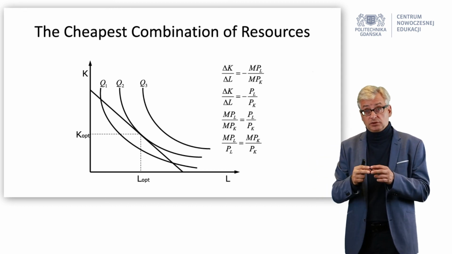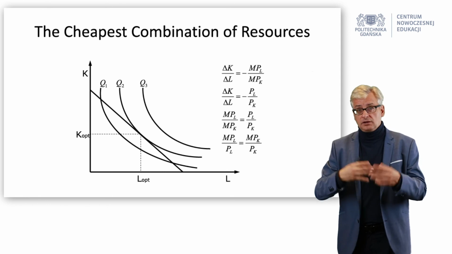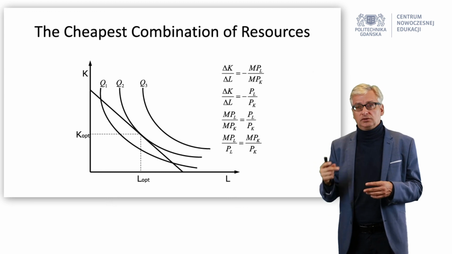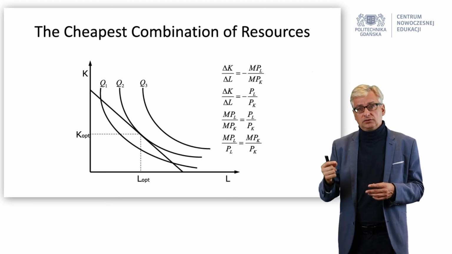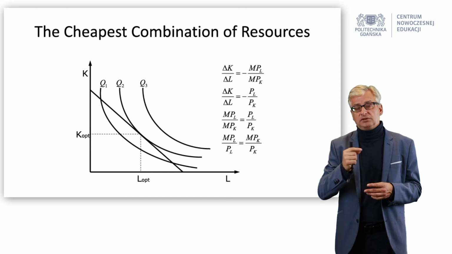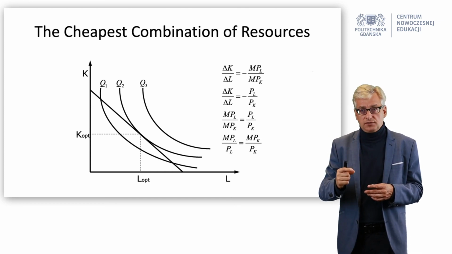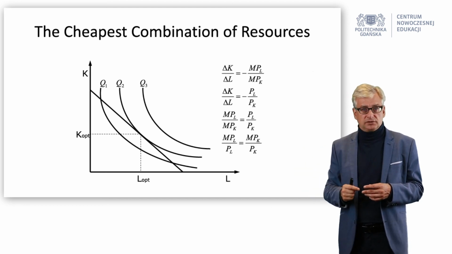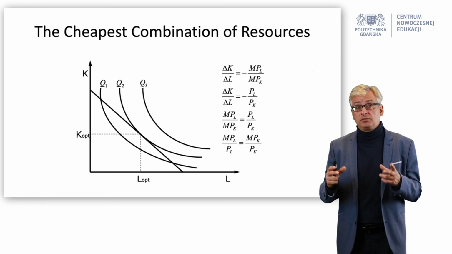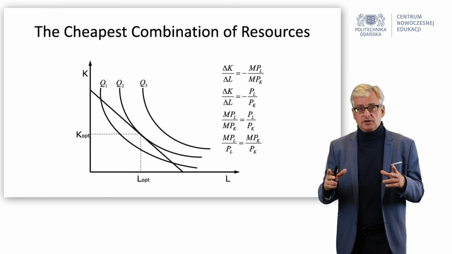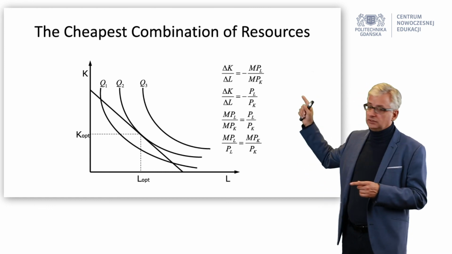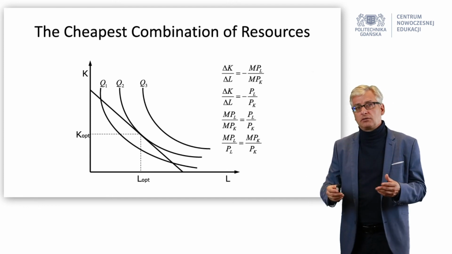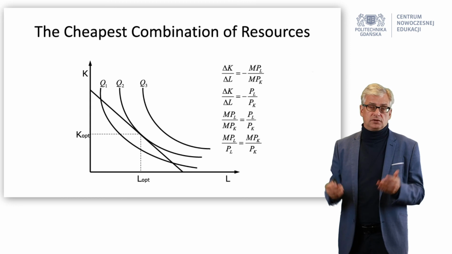So if you put them together, then after one transformation, we can see that this cheapest combination of resources is given by the condition that the marginal product of labor divided by the price of labor should be equal to the marginal product of capital divided by the price of capital. So if you are able to find a combination that fulfills this condition, then here it is. This is your Holy Grail. This is the cheapest combination of resources.